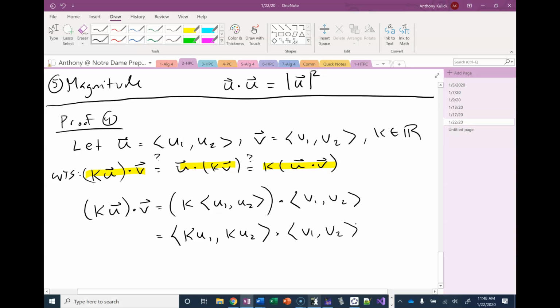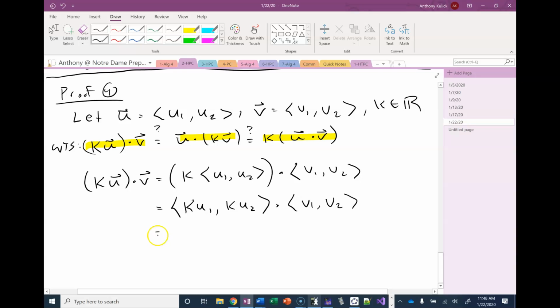That's just the definition of scalar multiplication, right? Then I'm going to perform my dot product. So that's going to be the x components multiplied together plus the y components multiplied together. And since k, u1, v1 are all real numbers, I can just write it like that, and I don't need the parentheses, similar with k, u2, and v2.